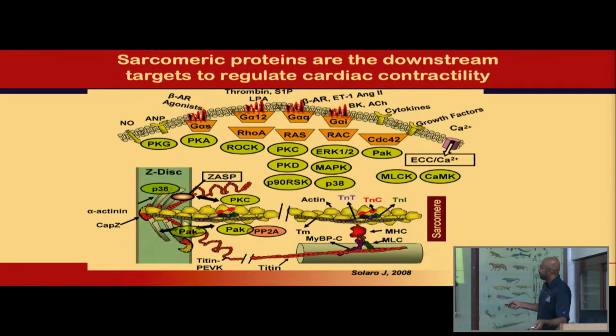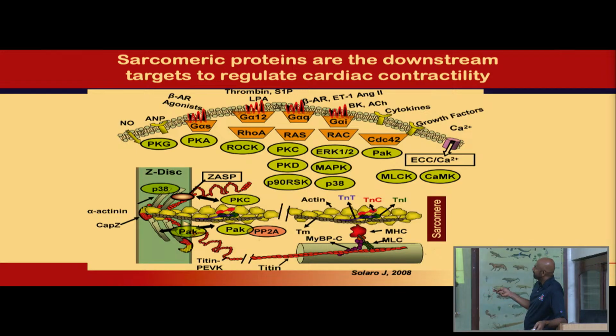So again if you look at how this contractile property occurs, a lot of signaling events can alter the force, the speed, all the properties of contractility, which can be modified through many factors listed here. For example, beta adrenergic stimulation, such as activation by catecholamines.